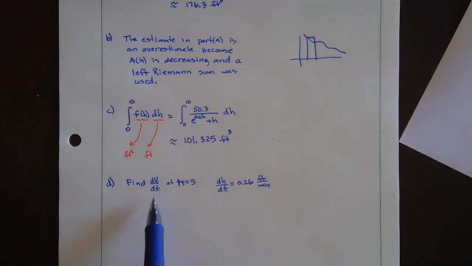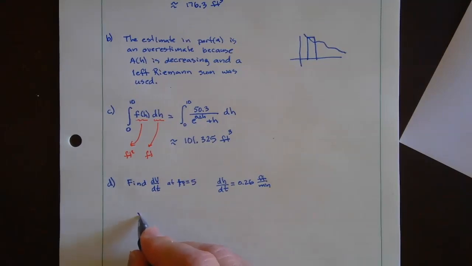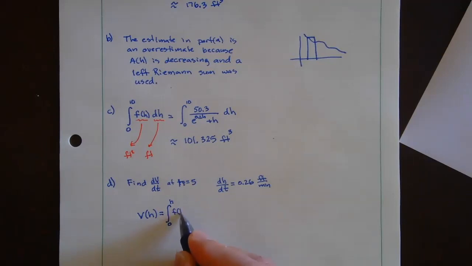So to get dV dt, we need to come up with a volume formula, and the volume formula for this would be an integral function. So we know from the last problem that V of h would equal the integral from 0 to h of f of h times dh.